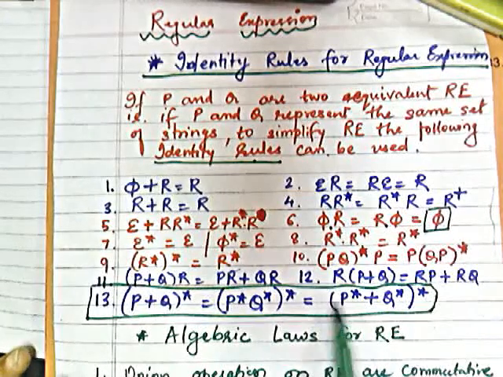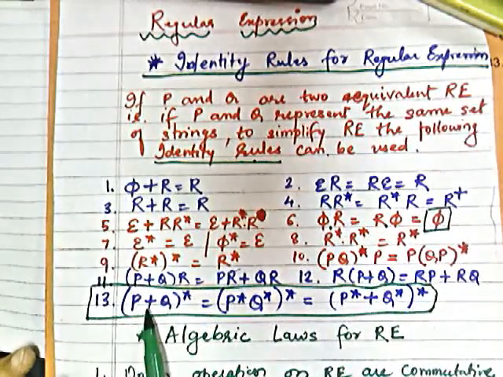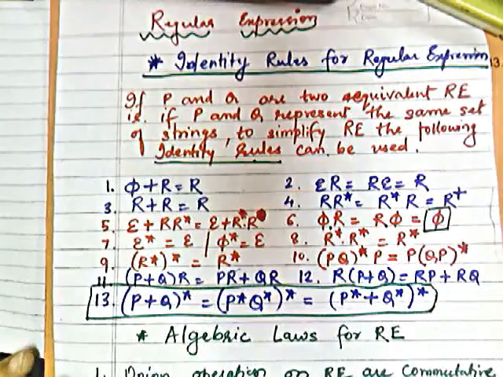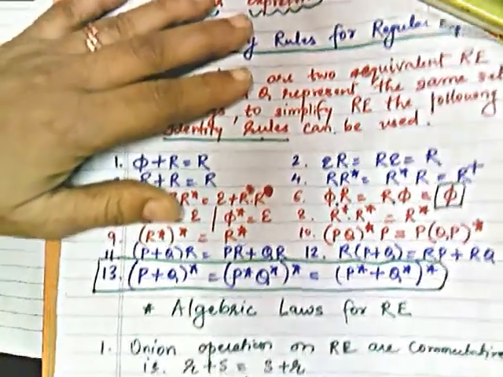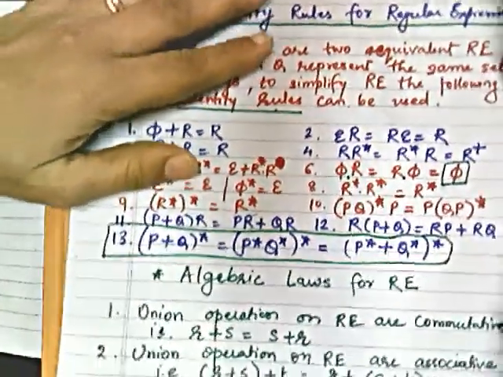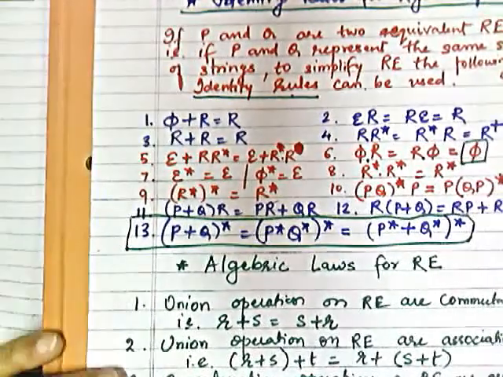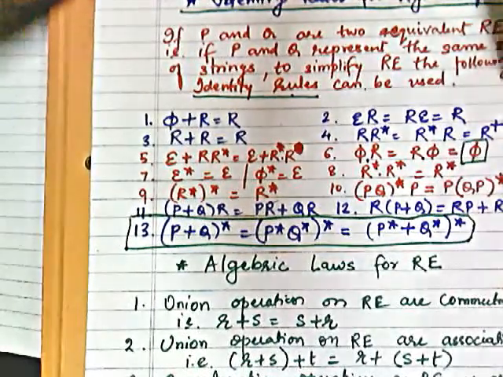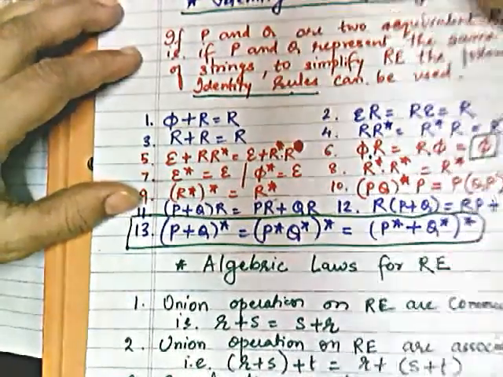These are equivalent to (P plus Q) whole star. We will prove this particular thing also. I hope you are now aware of the identity rules for regular expression.